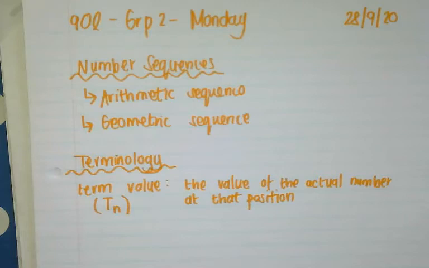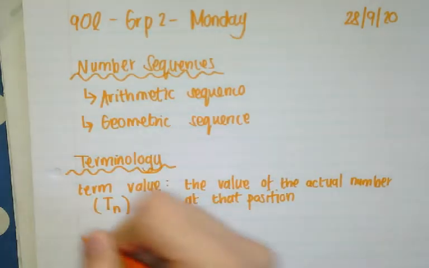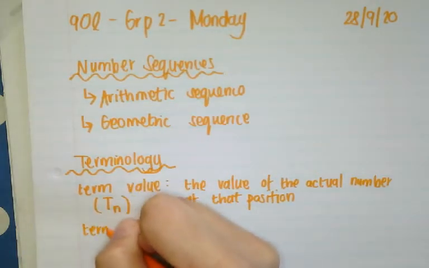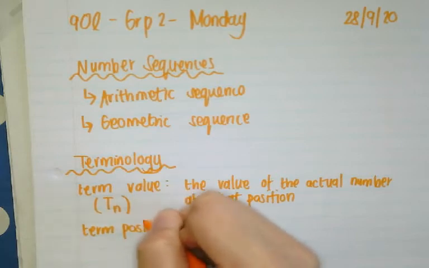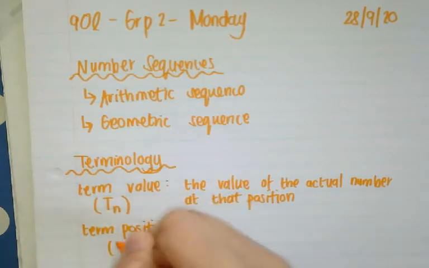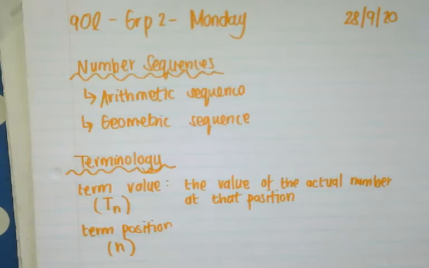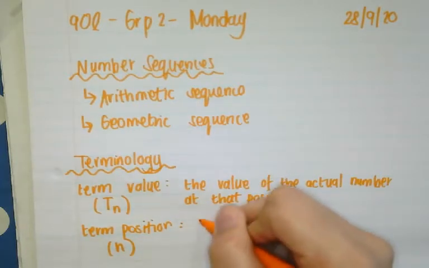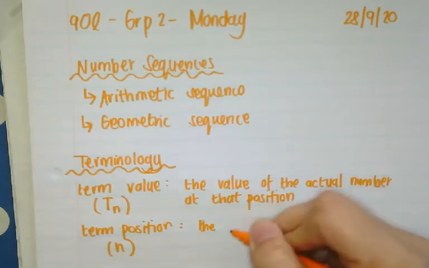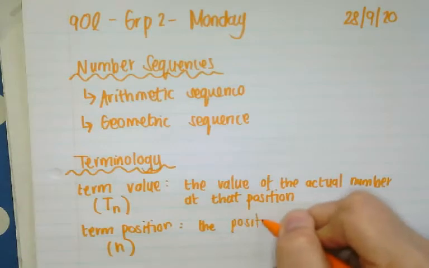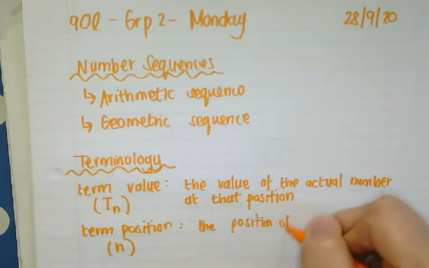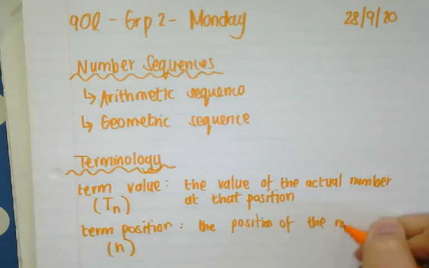Which means we actually need to know what position is. So term position in the formula is referring to the n variable, not the little n, the position of the number in the sequence.